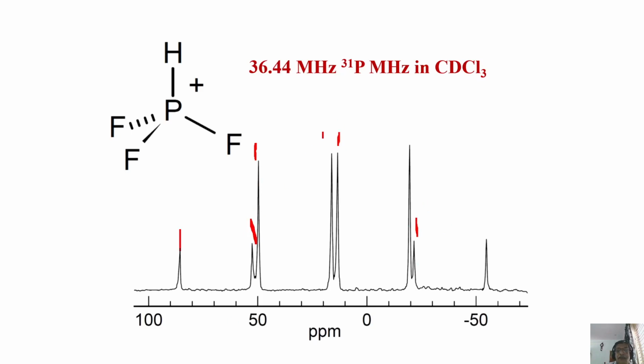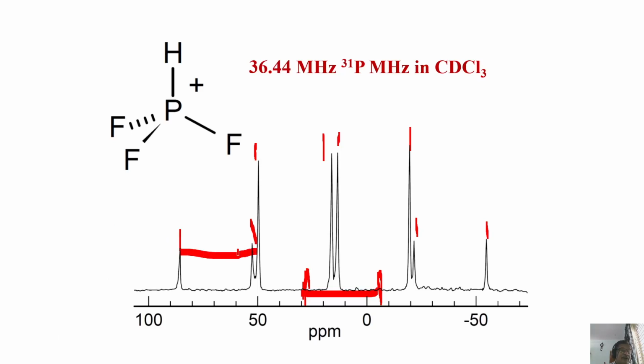This and this form another quartet. So now this quartet, if you take 1, 2, 3, and 4, find out the center of that. Let us say this is the center, and find out this quartet, and find out the center of that. This is HP coupling, and this is PF coupling.